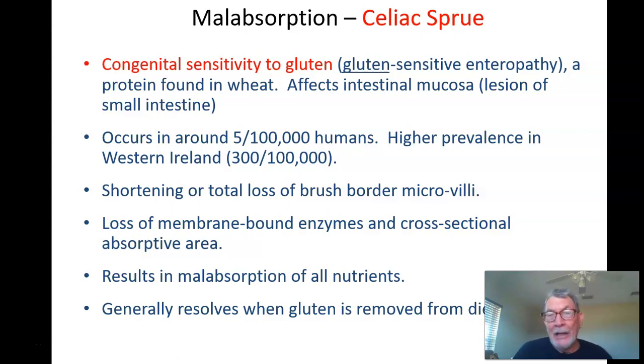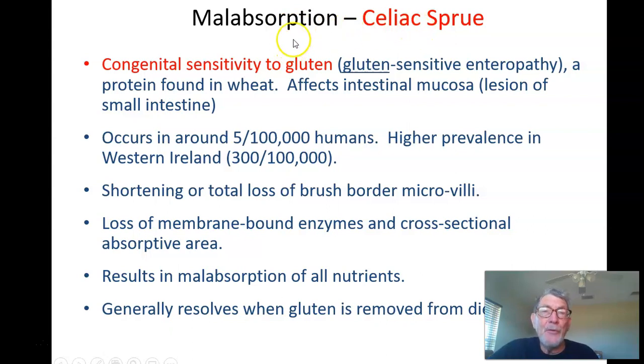A couple of malabsorption processes. We've already talked about lactase or sucrase deficiency, or lactose and sucrose sensitivity. And that means that you can't absorb lactose or you can't absorb sucrose, and therefore you wind up with that kind of gas and cramping and diarrhea.